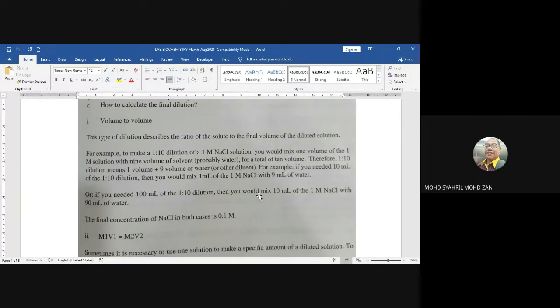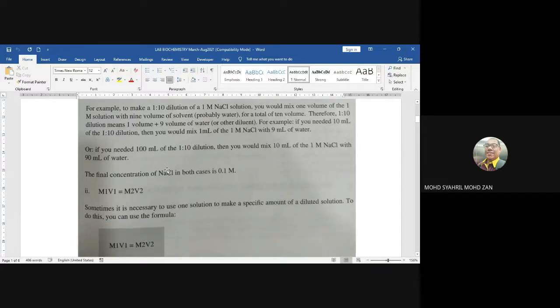So that is the mixture, but in a 1 to 10 dilution. There's a difference between a 1 to 10 dilution and how you mix the 1 molar sodium chloride. The final concentration of the sodium chloride in both cases, whether you make 100 ml or 10 ml, is considered 0.1 molar, right?